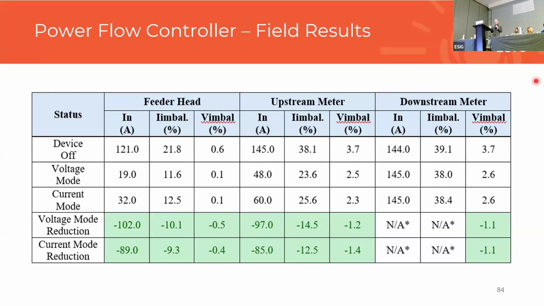The downstream meter is not impacted by the device, again, because this is shunt connected. So the only impacts that you would expect to see are in voltage, and they aligned pretty well with that upstream meter. So about a 1.1% reduction.